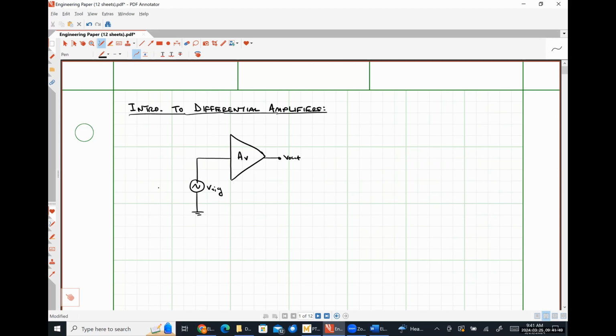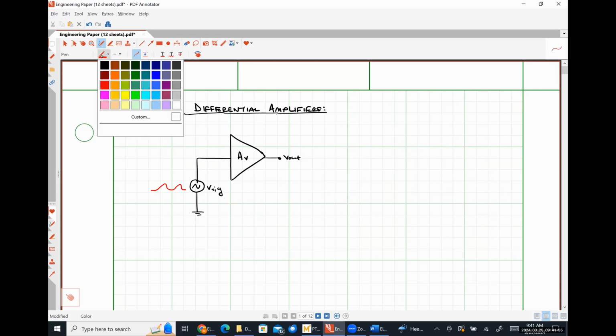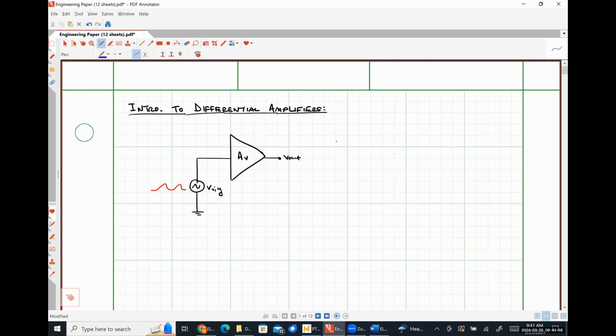So if we put a small sinusoidal signal in, we expect to see a large sinusoidal signal out, where the magnitude of that output signal is dependent on the voltage gain. So this could be representative of any common emitter, common source, common base, common gate, common collector, common drain amplifier, doesn't particularly matter. Input signal, output signal based on voltage gain.